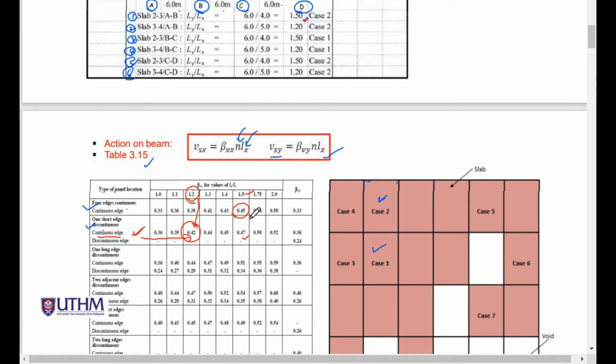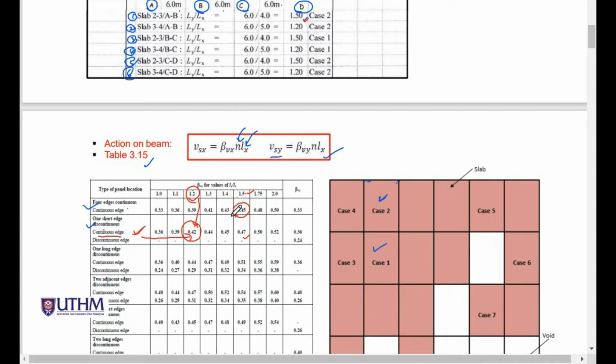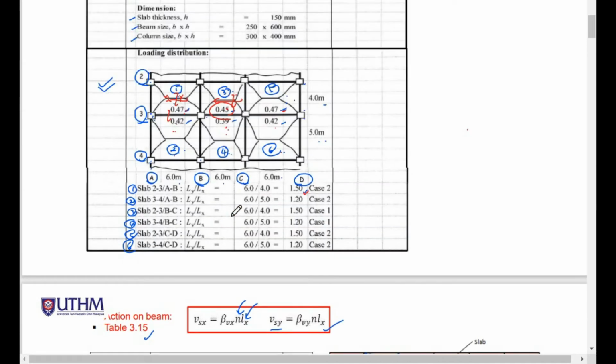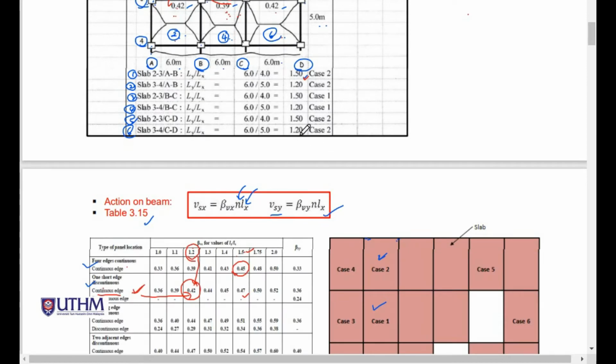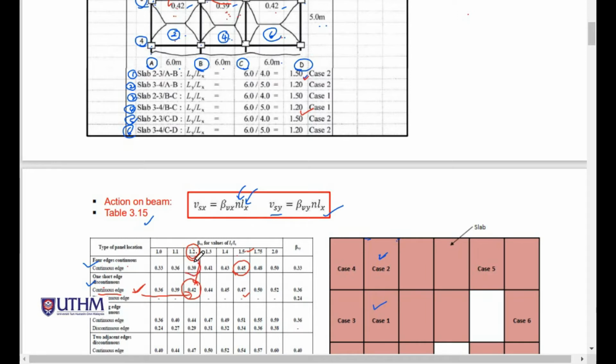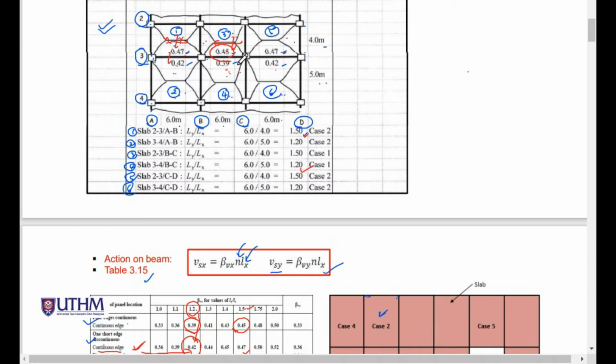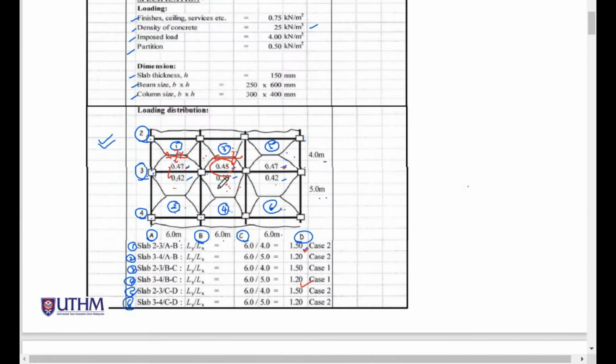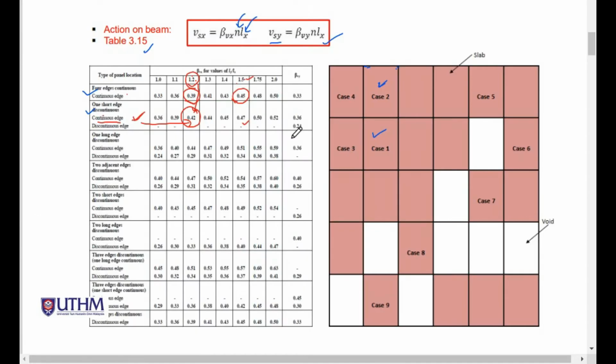This value is equal, so 0.45, 0.45. And here is 1.2, where the value for beta Vx is 0.39. We have determined all the values for beta Vx.